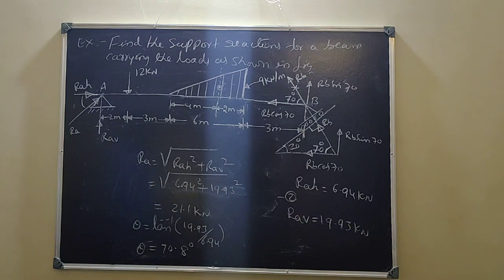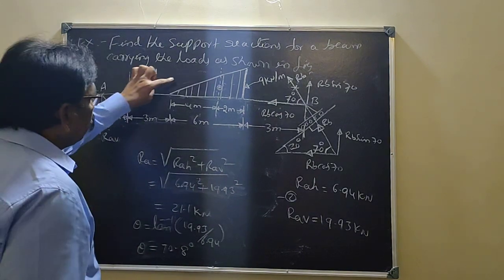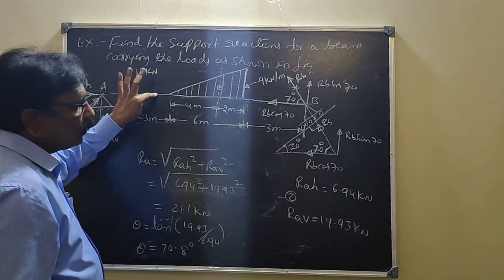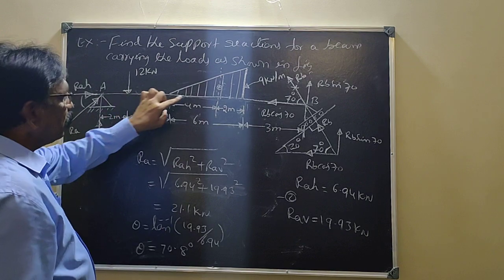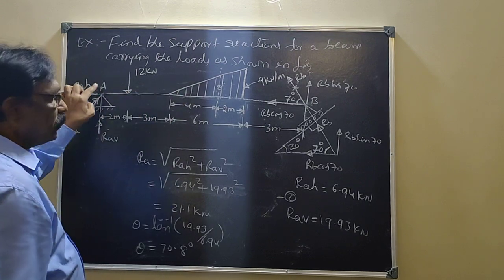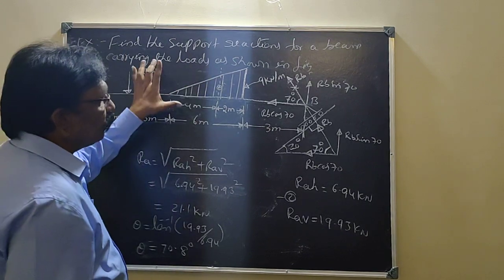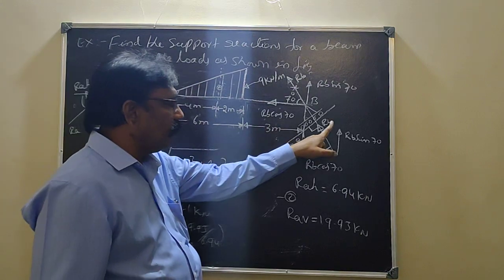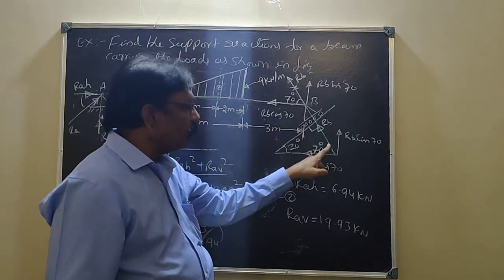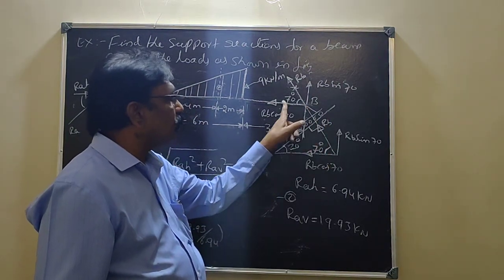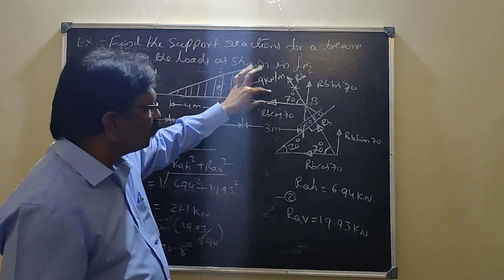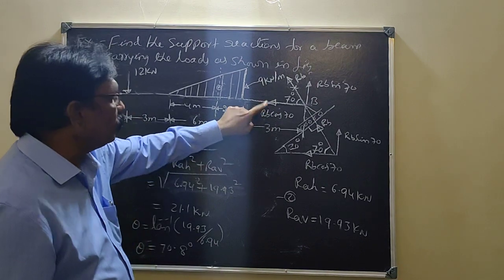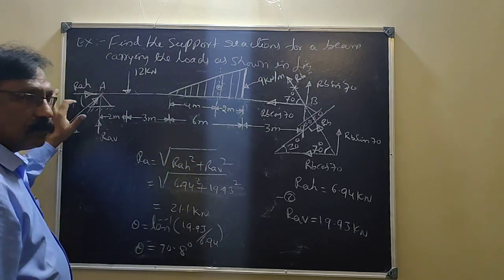The difference between the earlier problem and this problem is that in the earlier problem there was an inclined load of 8 kilonewton at 30 degrees, and because of that inclined load a horizontal component existed, so RAH existed. Whereas here there is no inclined force as such, but the other end is inclined. Because of that, RB is resolved into two components, horizontal and vertical, and in order to compensate the horizontal component, RAH is required.